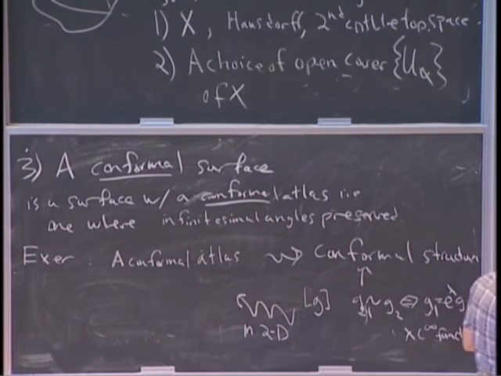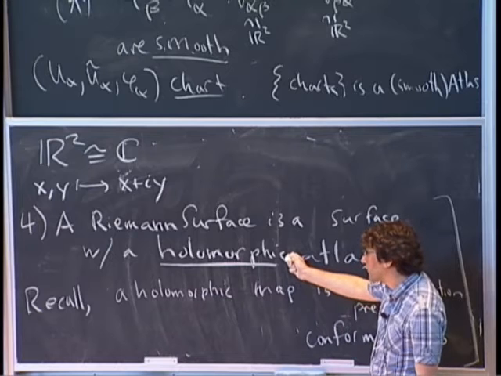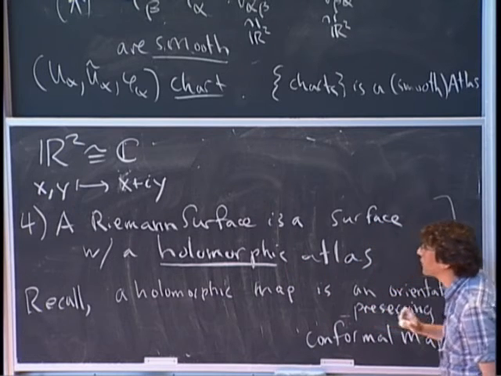That being said, we're now really focusing on these Riemann surfaces. Just as in the smooth case, where we can check whether a map between smooth surfaces is smooth by looking in charts, we can check whether a map between Riemann surfaces is holomorphic by checking in the holomorphic charts corresponding to the holomorphic atlas.